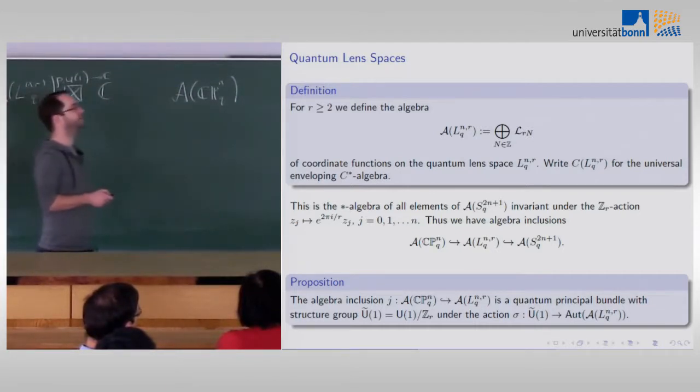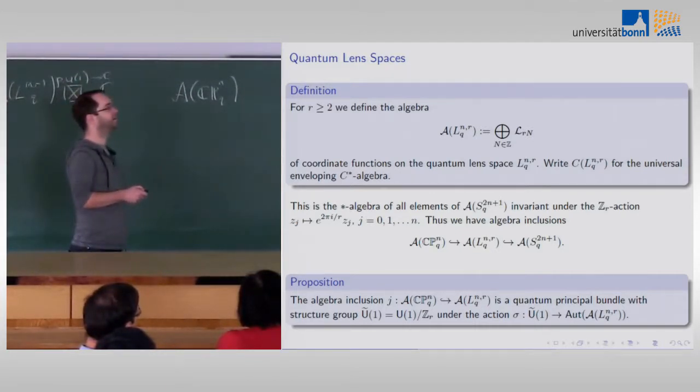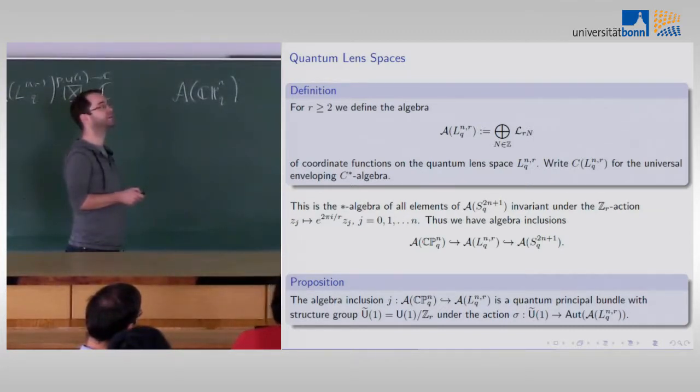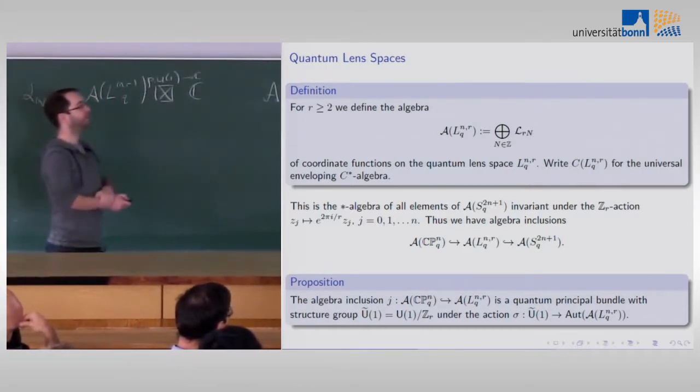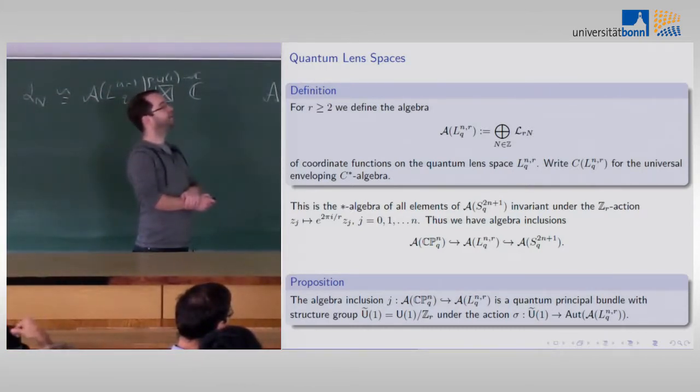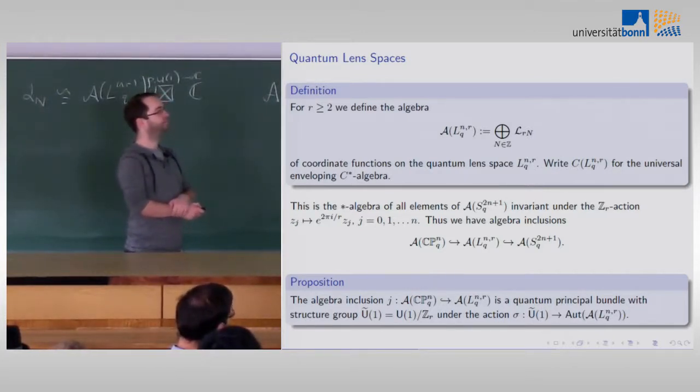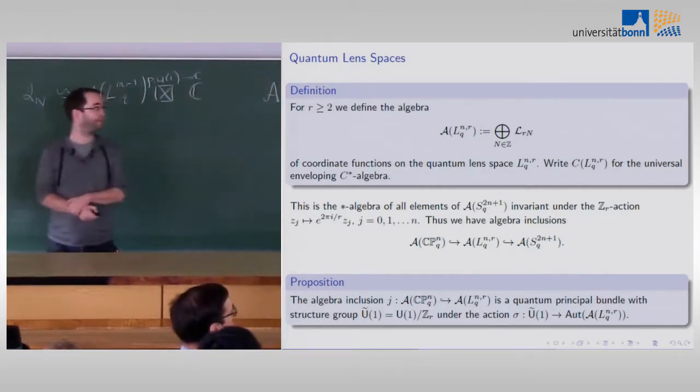We define the coordinate algebra of the quantum lens space to be the direct sum of all of these modules of sections whose charge is divisible by R. This is what we call the coordinate functions on the quantum lens space, L, N, R, Q. And then we take the continuous functions on the space to be the enveloping C-star algebra of that.